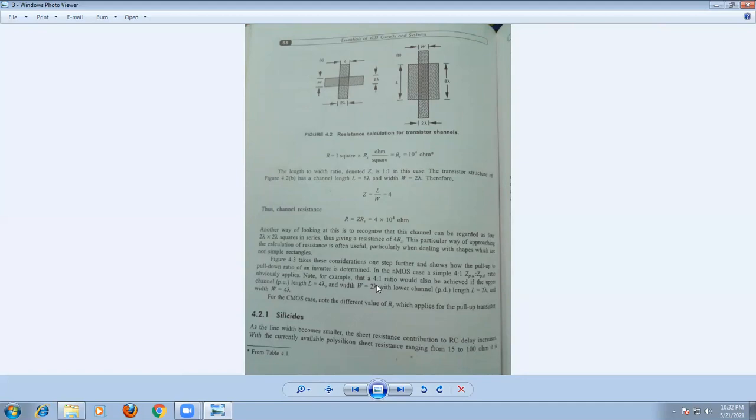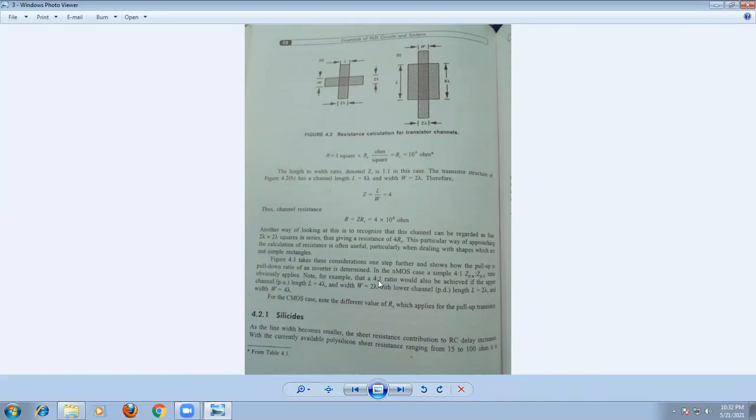That is the homework for you: calculate the on resistance of the NMOS inverter in 2 micrometer technology and also in Orbit 1.2 micrometer technology, and estimate the value of the resistance.